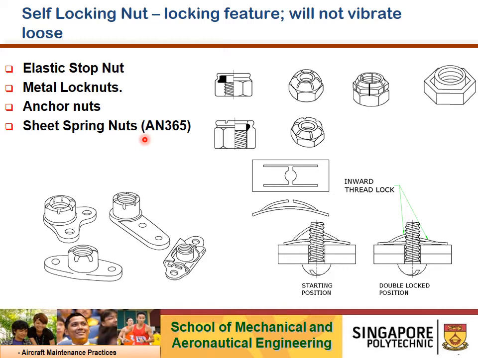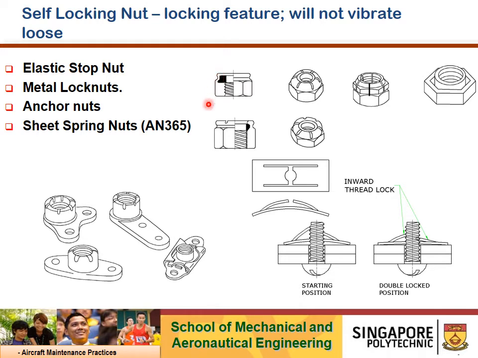The elastic stop nut is used in a low temperature environment. It consists of an unthreaded fiber or nylon locking collar which is securely held in place. Okay, as shown here, the black color here is the unthreaded fiber or nylon locking collar.